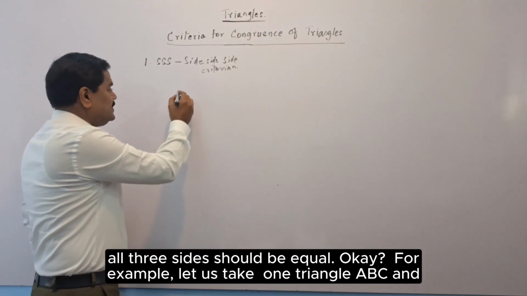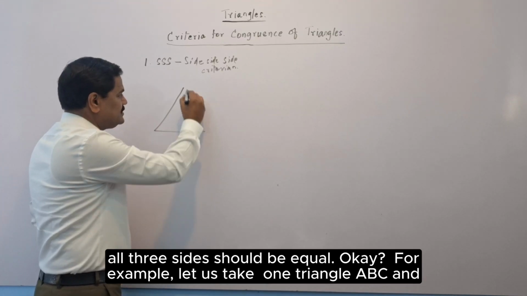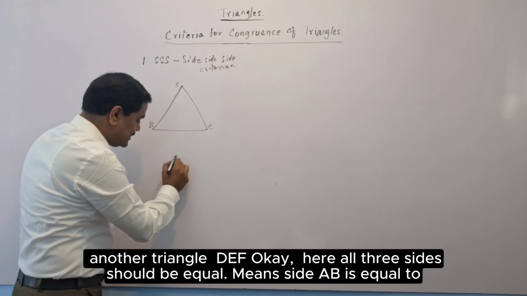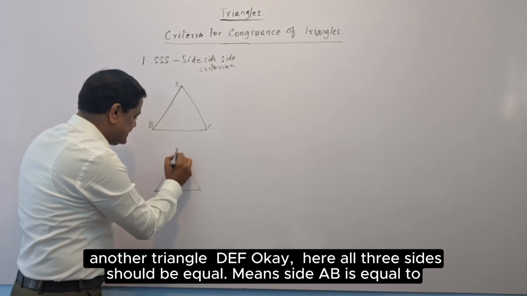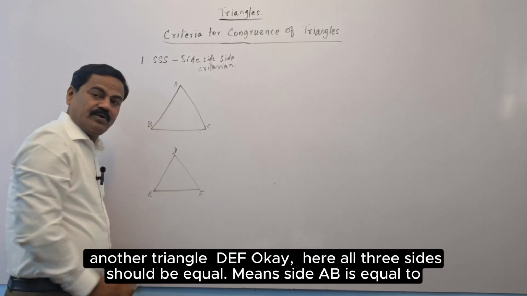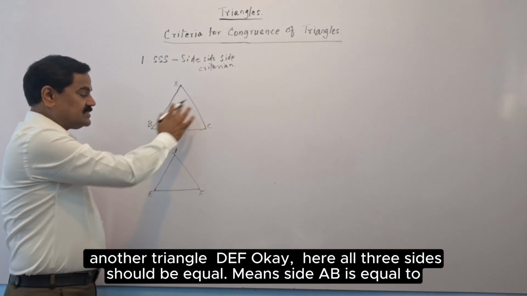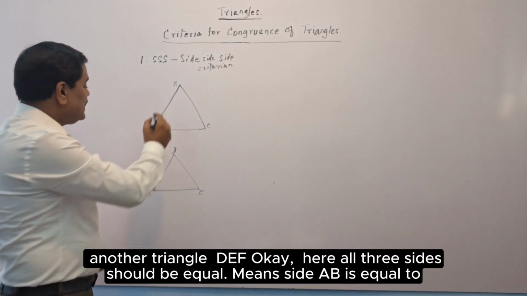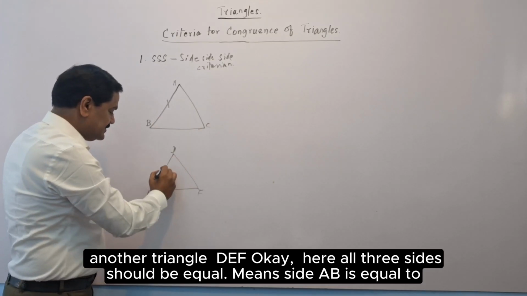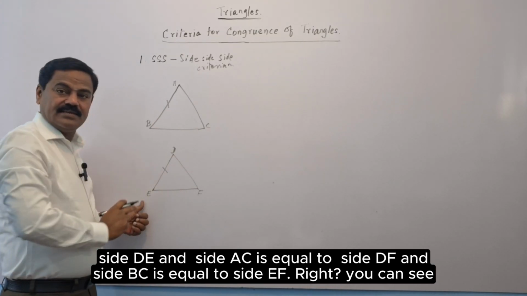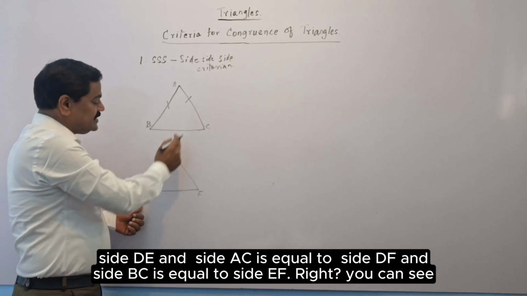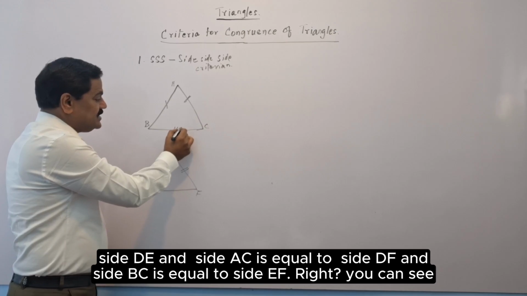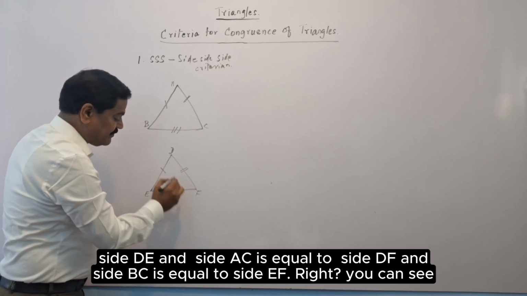For example, let us take one triangle ABC and another triangle DEF. Here all three sides should be equal, meaning side AB is equal to side DE, side AC is equal to side DF, and side BC is equal to side EF.